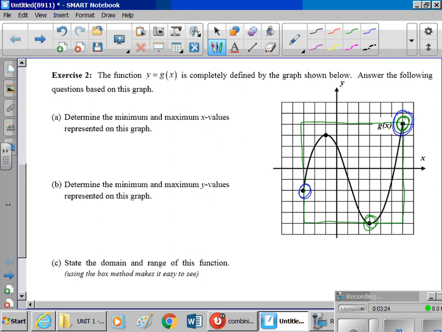What's the minimum x value? Let's see where that minimum x value is going to be. It's going to be right here at x equals -3. And how about the maximum? Same thing. Remember, the domain kind of cuts it sideways. So that's going to be at 6.